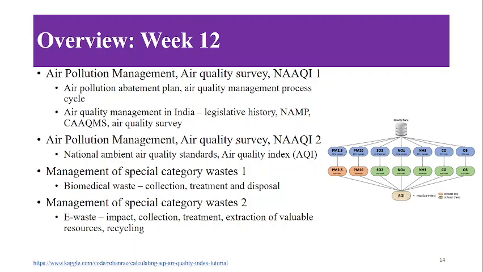So the air quality index is a very effective communication tool, which basically condenses the lot of data generated, the continuous ambient air emissions. This continuous form of data is condensed into a single number, which can tell us the air quality of the ambient air, and how the AQI is calculated in India.